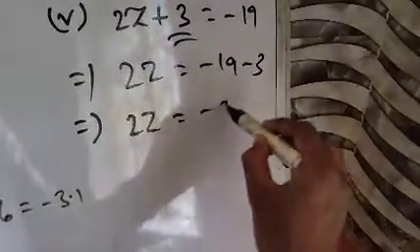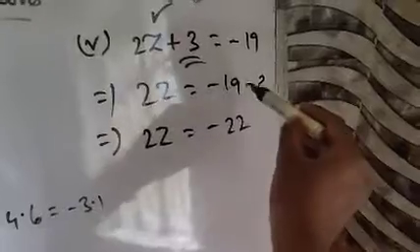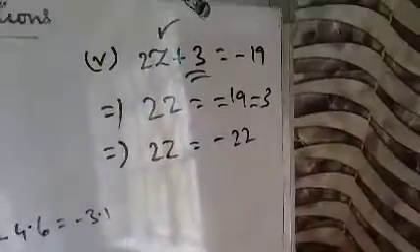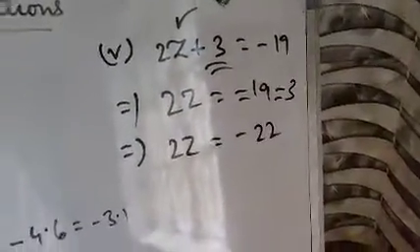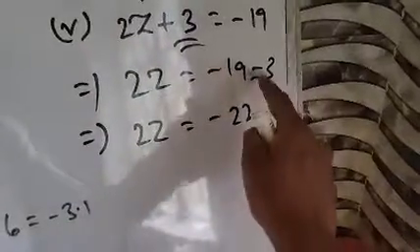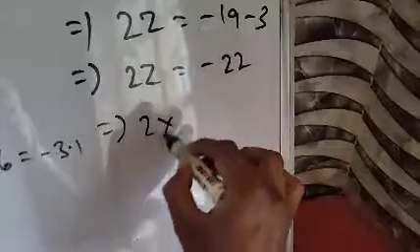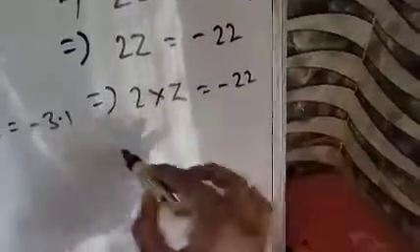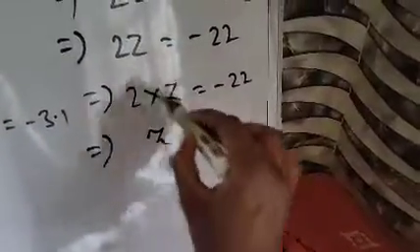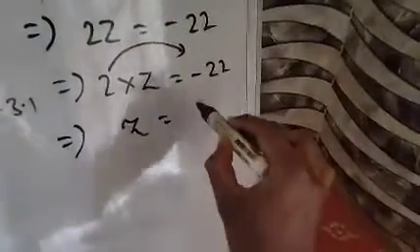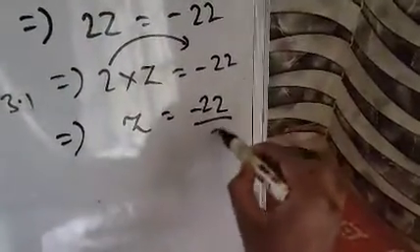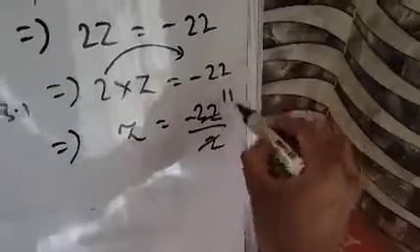2z equals to minus 22. Minus 19 minus 3. So both of the signs are minus. And when both the signs are minus, the resulting sign will be plus. So 19 and 3 will be 22. 2z means 2 multiply z. If we want to find the value of z, this 2 needs to be transferred. That means it will be divide, because here the sign is multiplication.